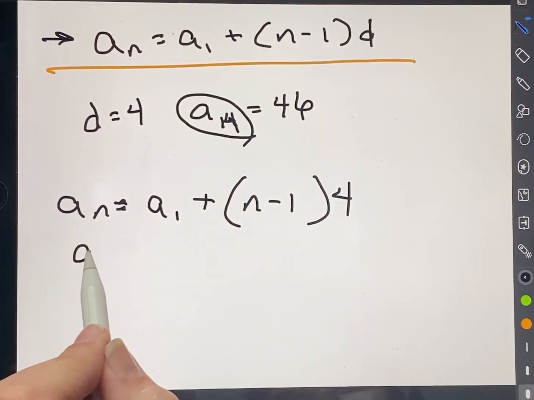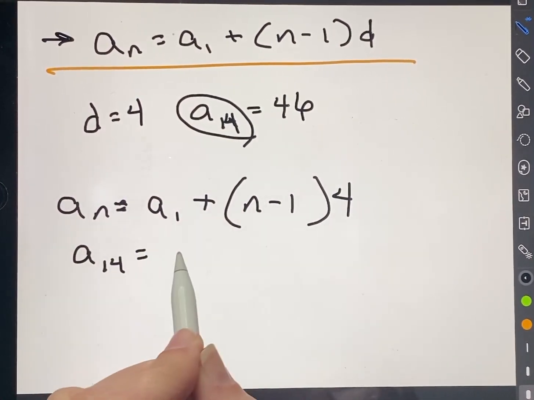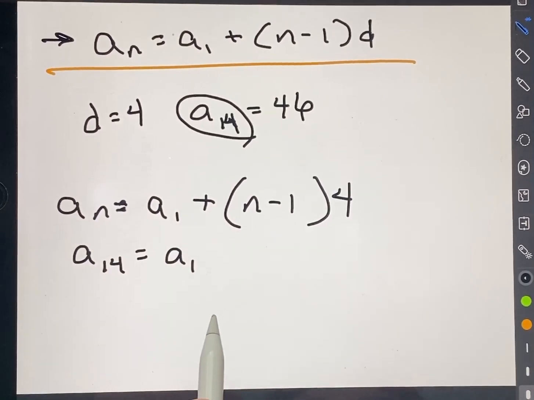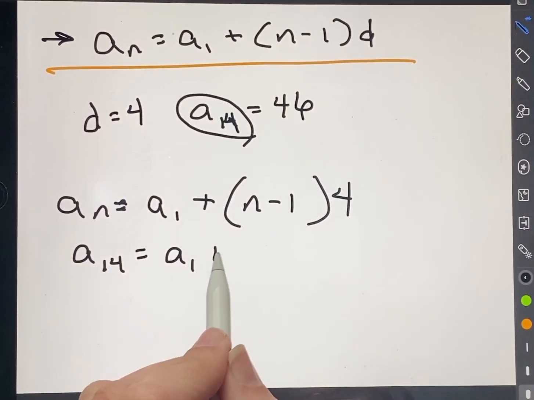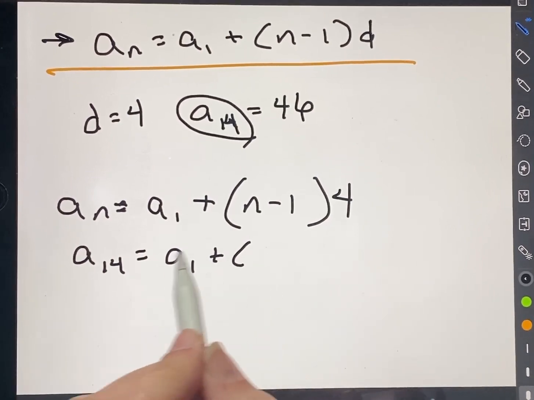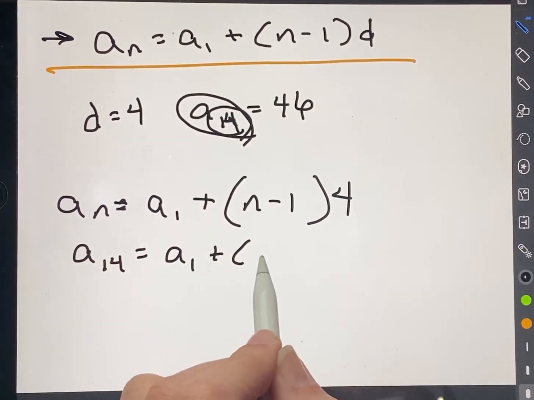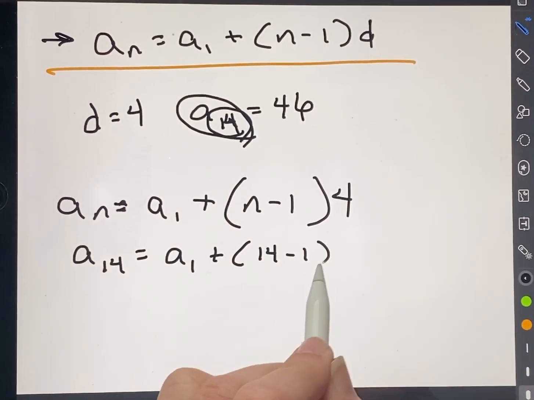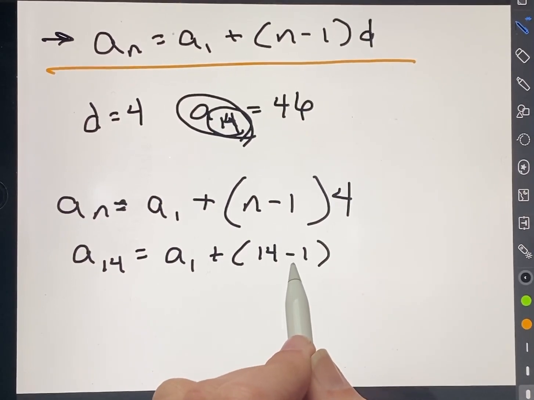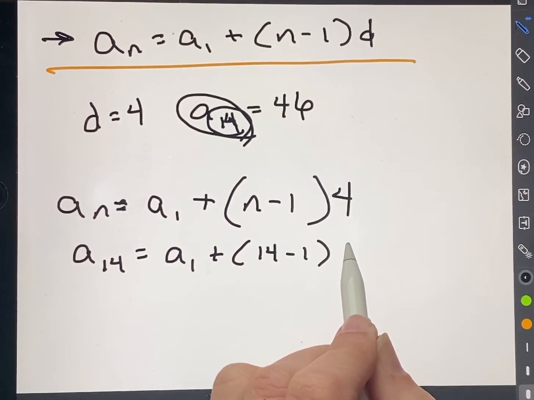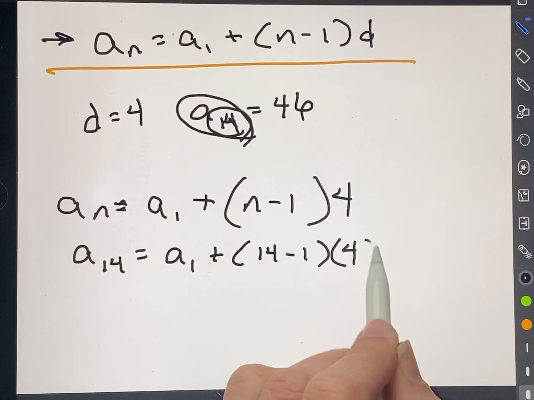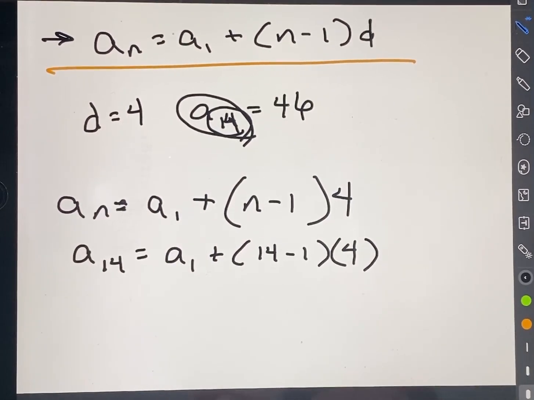So we really have a sub 14 is equal to whatever our first term is. They didn't give us that. Plus 14, because this is our n value, 14 minus 1. That makes sense. We're jumping 13 times, and each time we jump, we're jumping by a value of 4.